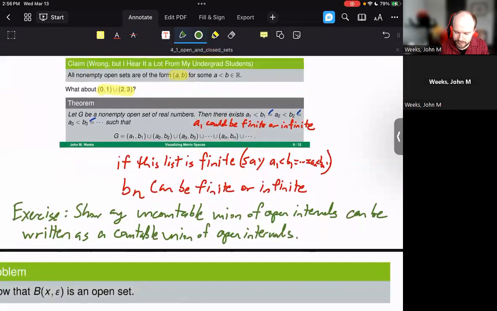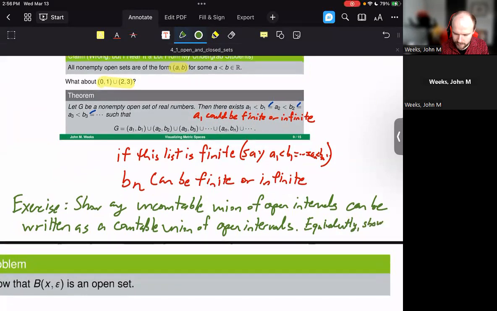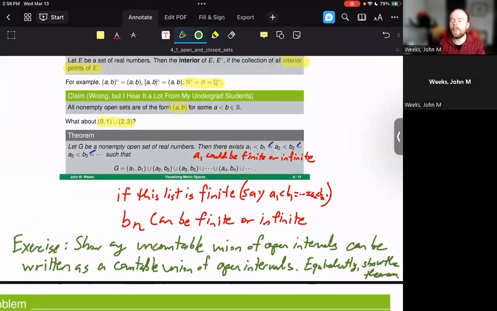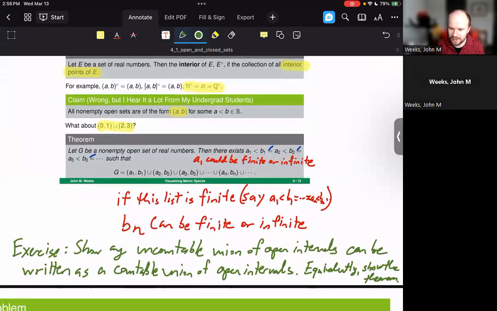Or equivalently, show the theorem, right? Essentially, we know that with open intervals, you can union as many things as you would like, or you could just go through and show that this theorem is true, namely that you only need countably many things. How could you work with an uncountable union of open intervals if you were given it? How could you break it down to just countable unions?